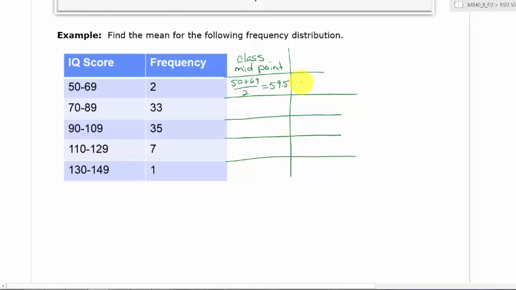And the frequency there was 2. So then multiply that by 2. And we get 119. Do the same thing for all of our classes. So the next one would be 70 plus 89 over 2.